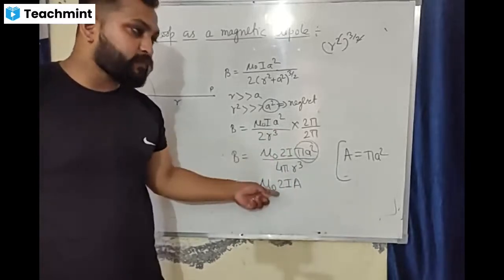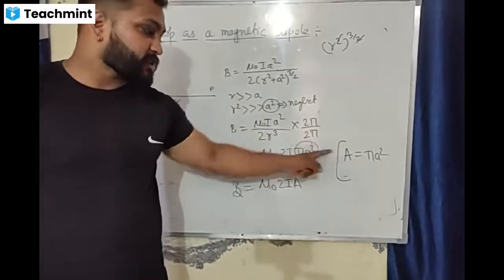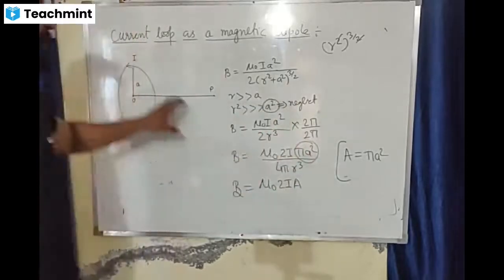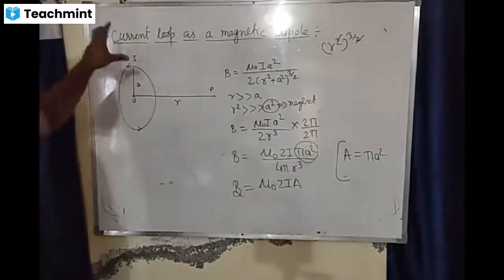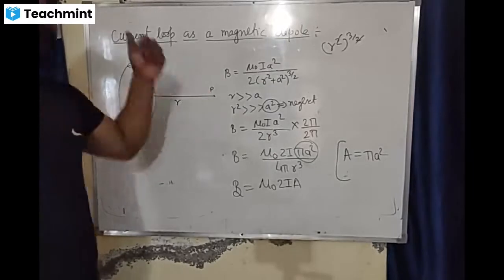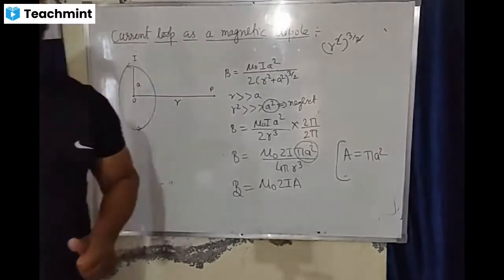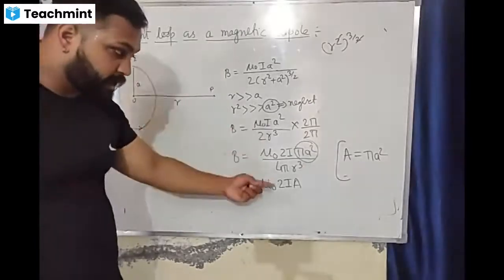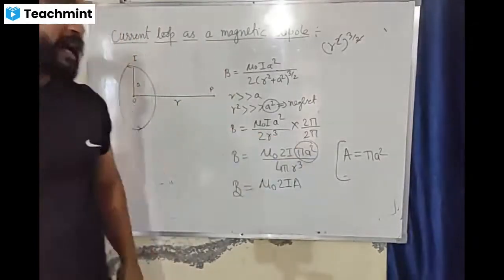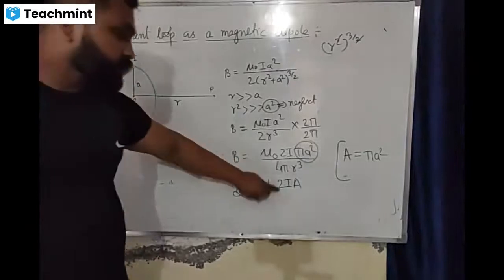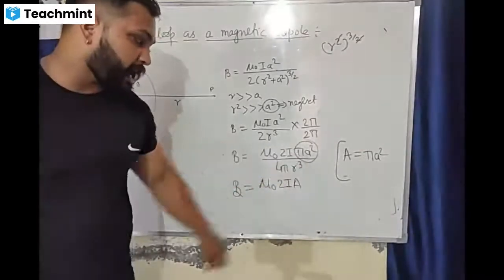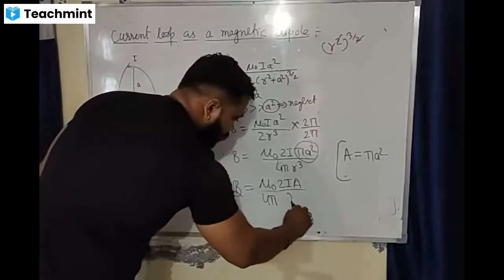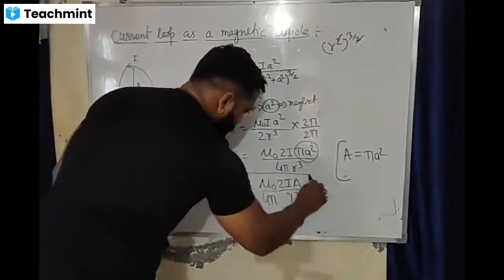In the next step I took pi A square together, and we know that for a circular loop of radius A, the area is pi A square. So this is equation 1.